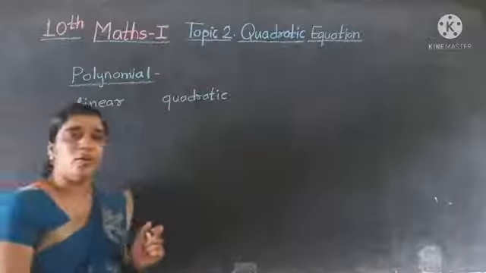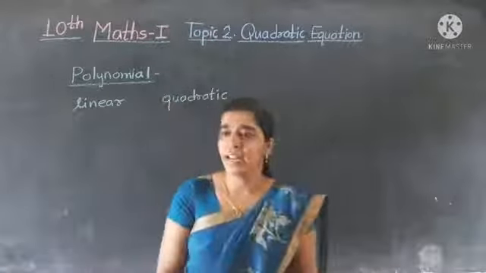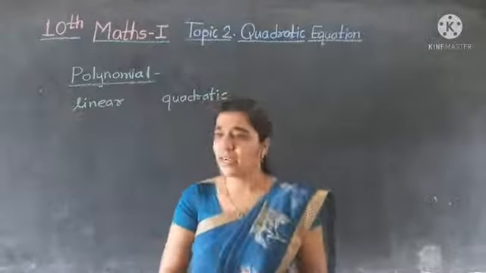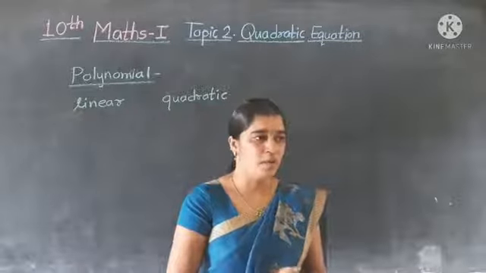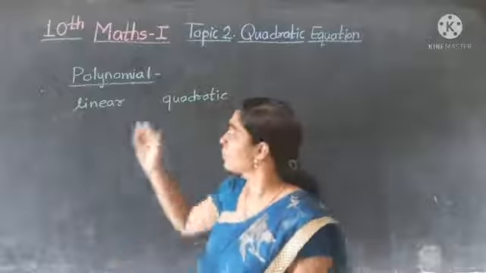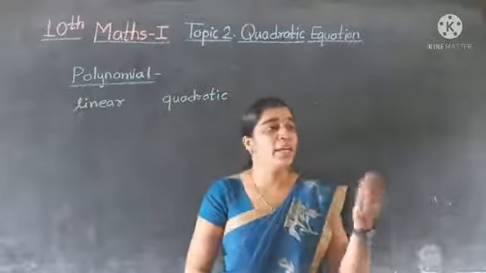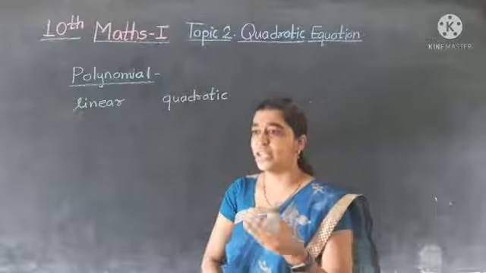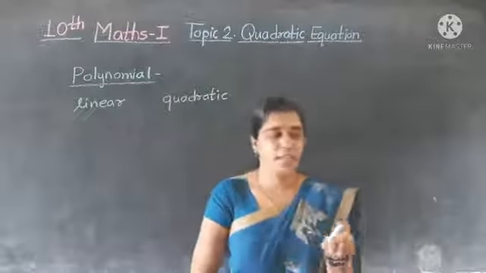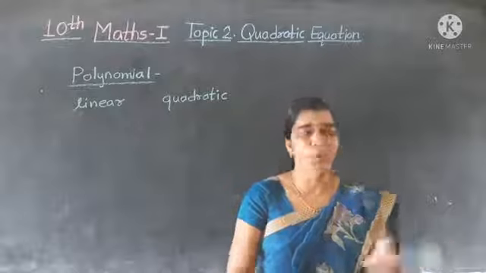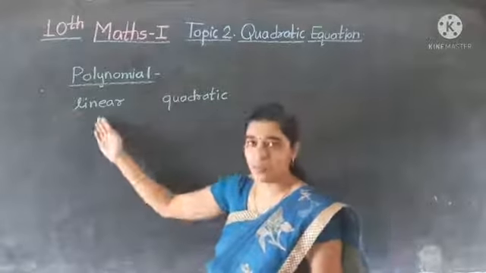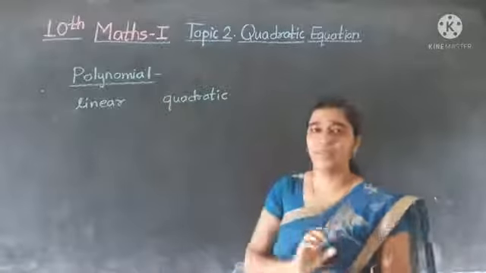We define a polynomial as having two or more terms. There are different types of polynomial according to their degree. The highest index we call the degree. So according to degree, the polynomial is classified as linear polynomial and quadratic.